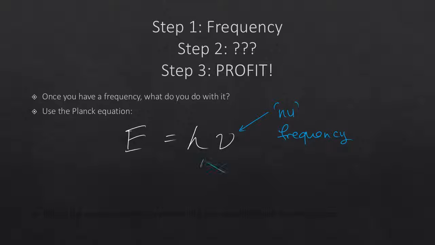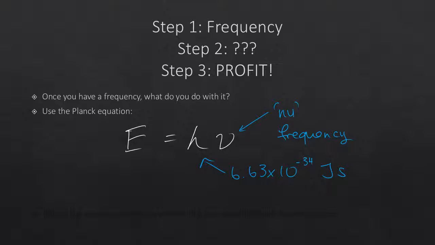We have Planck's equation, we have Planck's constant, which is in section 2 of your data book, and that is, if you'll just excuse me while I flip to my page, 6.63 by 10 to the negative 34 joule seconds.